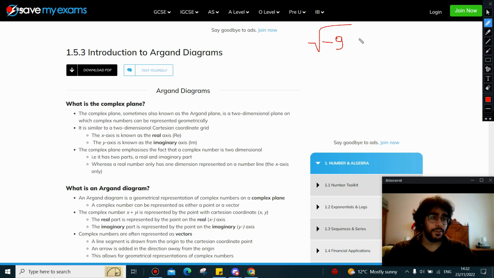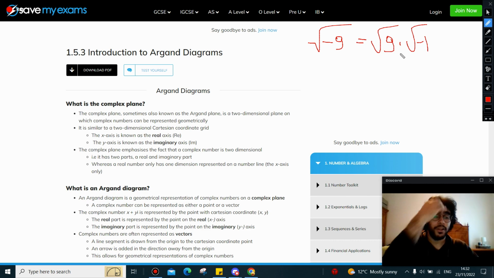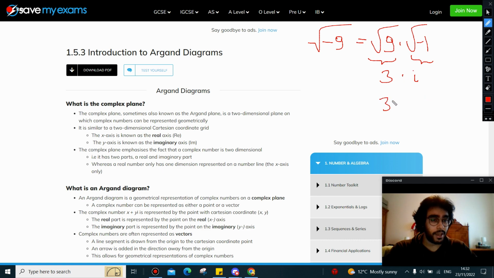Well, we use the property of the root, where root -9 is actually root 9 times root -1, right? We can always do this with the roots. We can separate it into its factors, both under the root. 9 times -1 is -9, so we can write them separately under the root. But root 9 is 3, and root -1 is i. So 3 times i is 3i. So root -9 is actually equal to 3i.